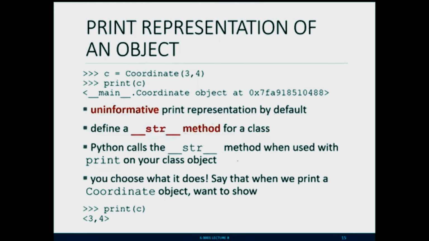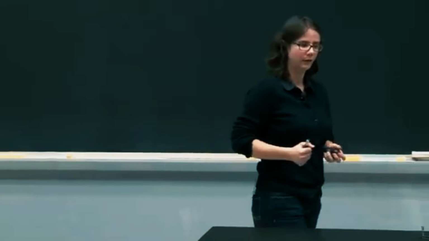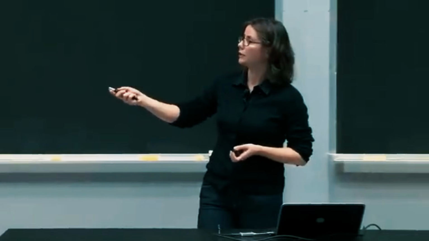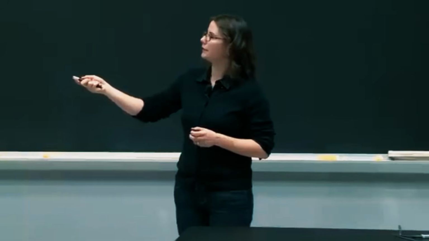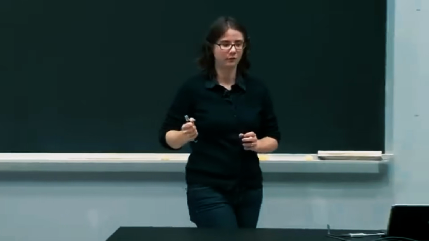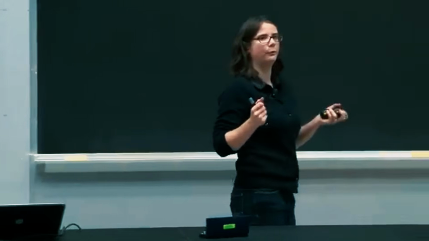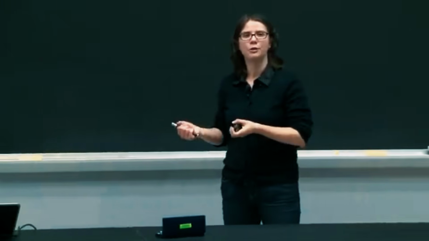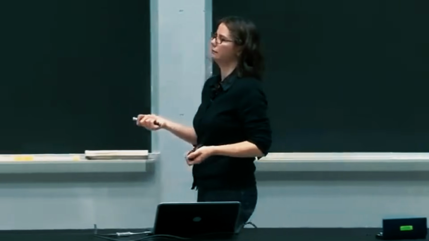So what you need to do is define your own method that tells Python what to do when you call print on an object of this type. This is going to be a special method, just like init is, because it starts and ends with double underscores. The name of the method is __str__. If you define this method in your class, that tells Python, when you see a print statement on an object of type coordinate, call this method and do everything that's inside it.